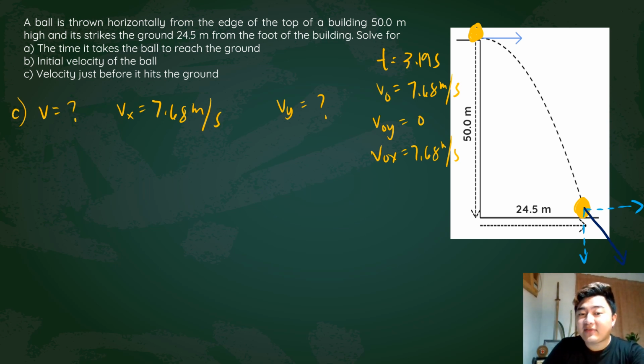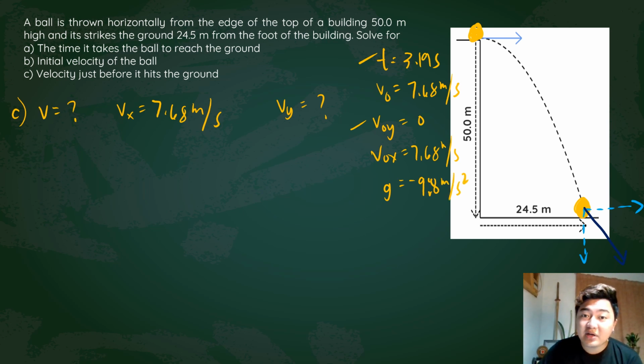Now we need to identify the final velocity in y. So how do we solve for the final velocity in y? We know the time. We also know the initial velocity along y. And remember that we also know g, which is negative 9.8 meters per second squared.